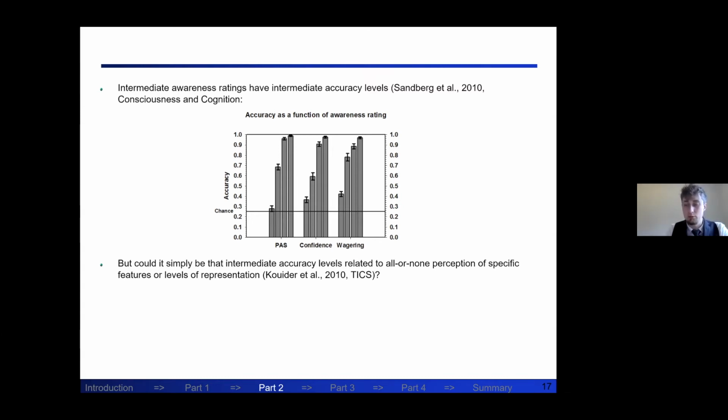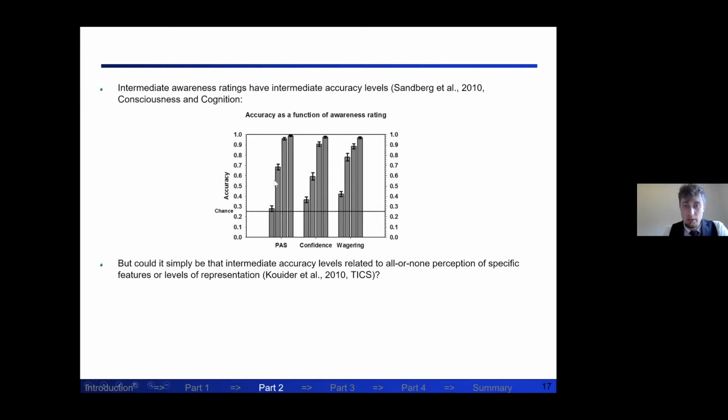An example could be, if we show you a geometric figure and you report having seen just a weak glimpse of it, you might just have seen an edge or a corner. And that is enough, for example, if you've only seen a line segment, to distinguish a circle from a square, but not a square from a triangle.